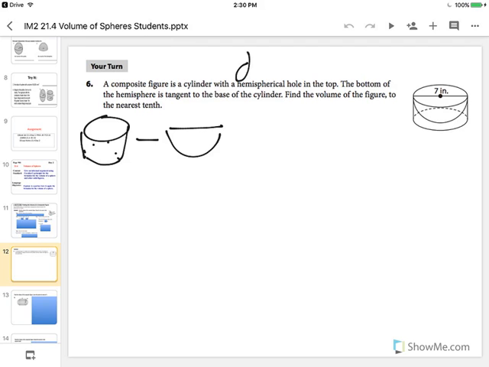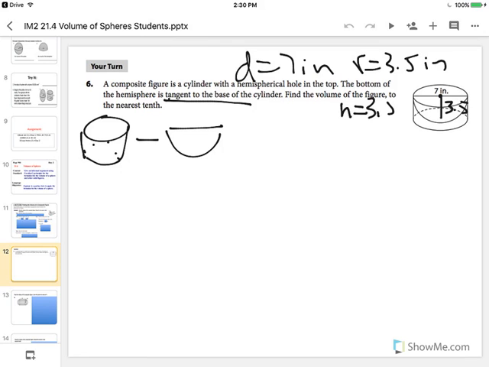We're given that the diameter is 7 inches, so the radius is 3.5 inches. The hemisphere is tangent to the base, which means the radius touches the bottom of the cylinder, so the height of the cylinder is also 3.5. Right, so then we can find the volume.